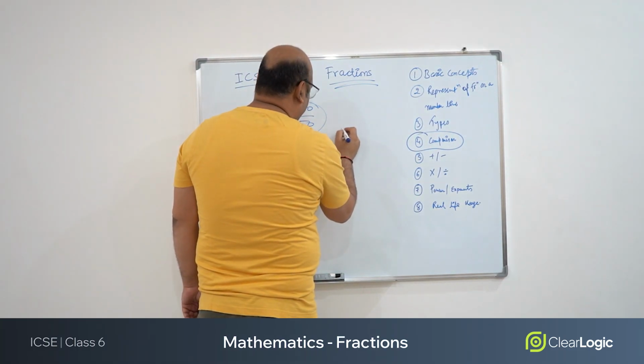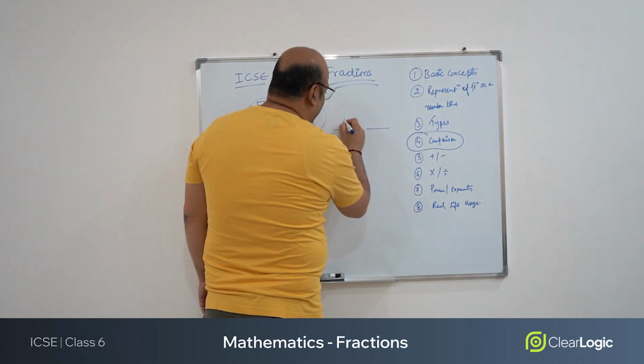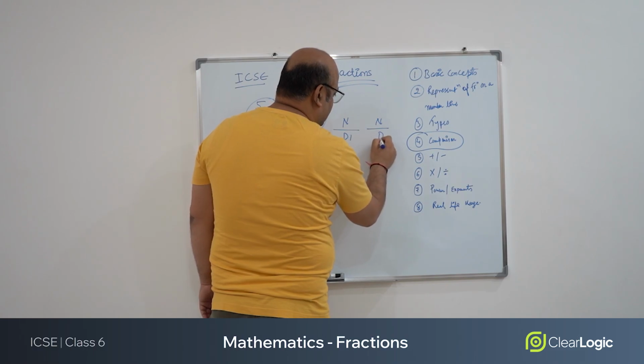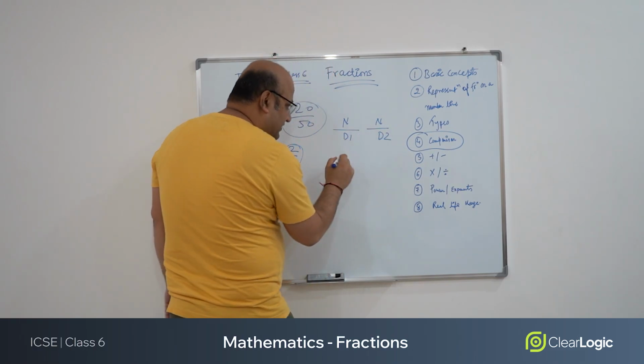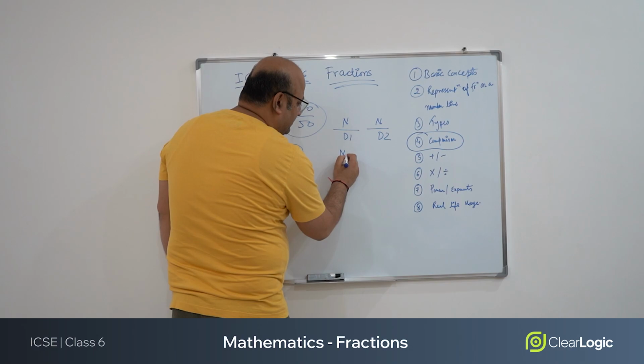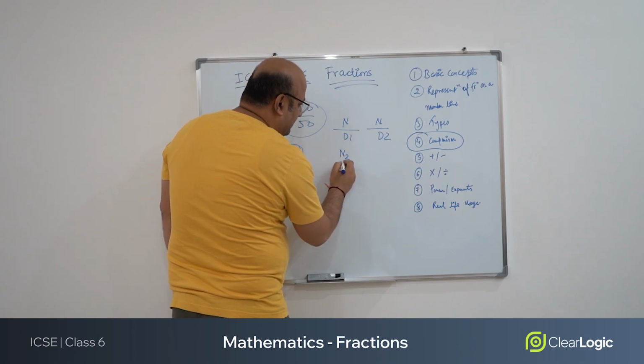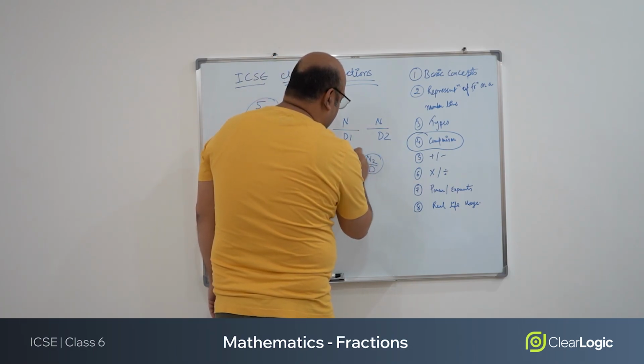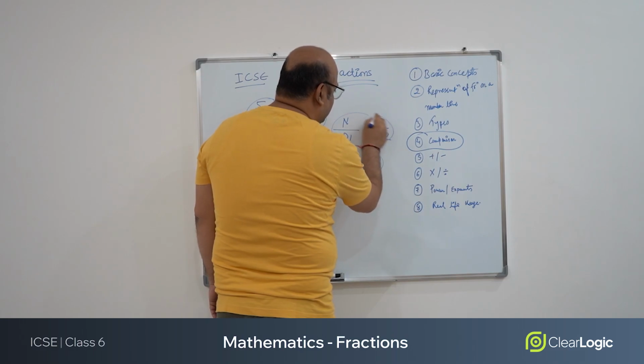So the general formula is very simple. First of all, the numerator is the same and the denominator is different, and the other case can be the numerator is different, like n1 by d and n2 by d. Okay. So this can be the first case, this can be the second case.